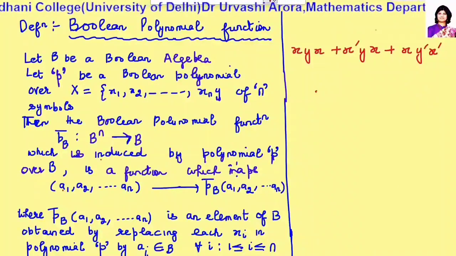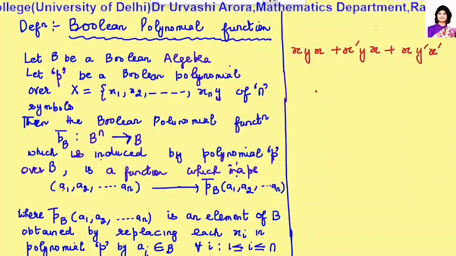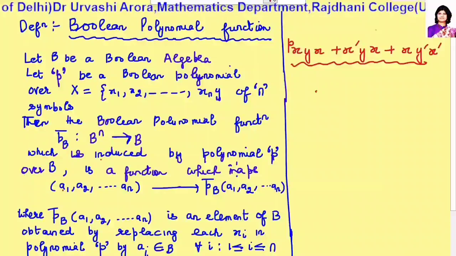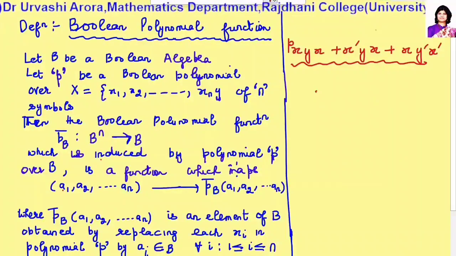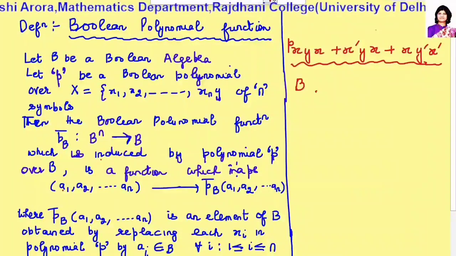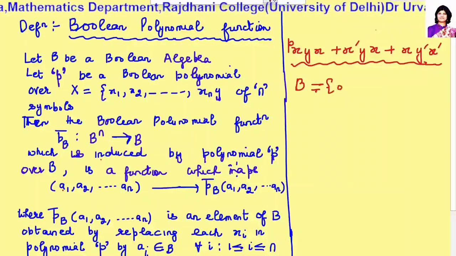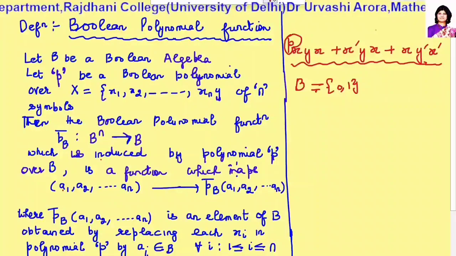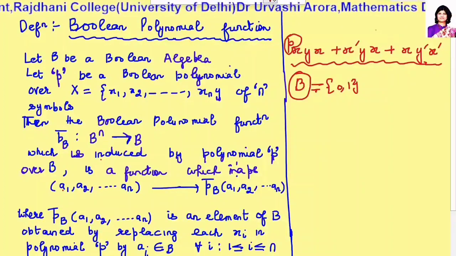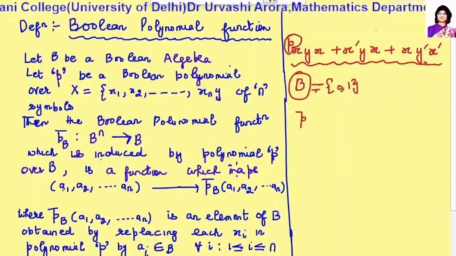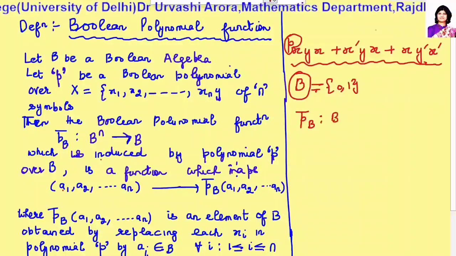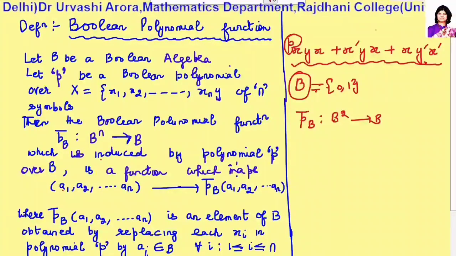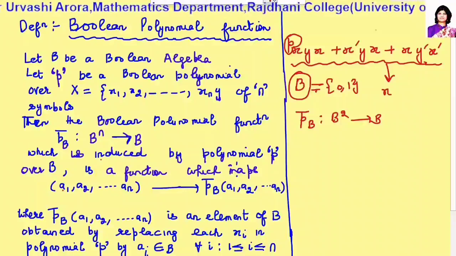Now, the example which we had just taken for a Boolean polynomial was a specific example in which the Boolean polynomial P was taken to be xyx plus x dash yx plus xy dash x dash, and the Boolean algebra that we had taken was a specific Boolean algebra B consisting of two elements 0 and 1. We had seen that corresponding to this Boolean polynomial P and this Boolean algebra B, the Boolean polynomial function, which we can denote by P bar B, came out to be a function mapping from B square to B. B square came because the Boolean polynomial P is defined over two symbols x and y.